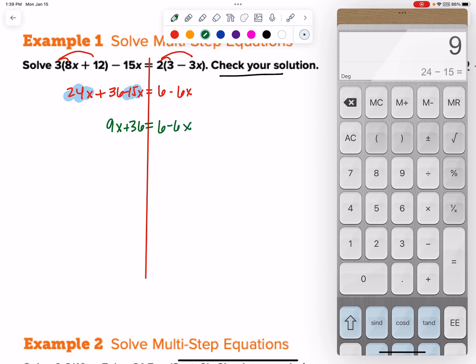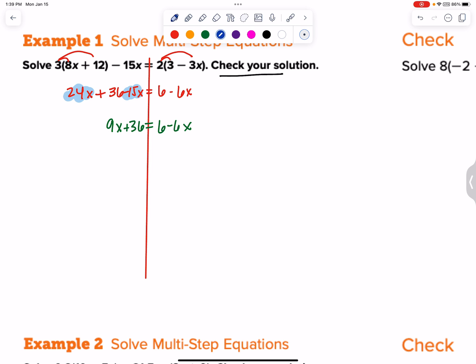And now we can go ahead and start moving things around using those properties of equality. So let's go ahead and why don't we add 6x to both sides? No. Let's go ahead, we'll subtract 6 on both sides. That goes away, and we're left with 9x plus 30 equals a negative 6x.